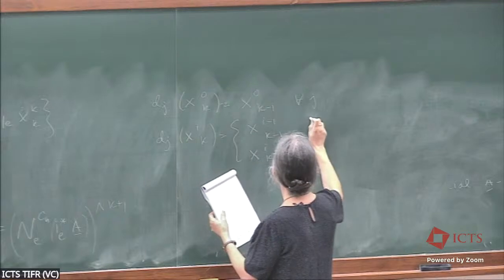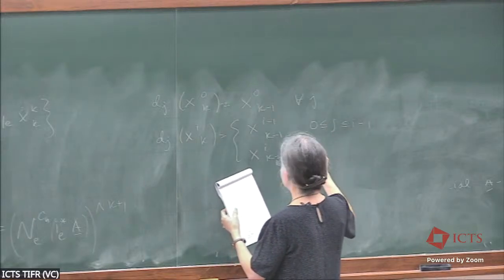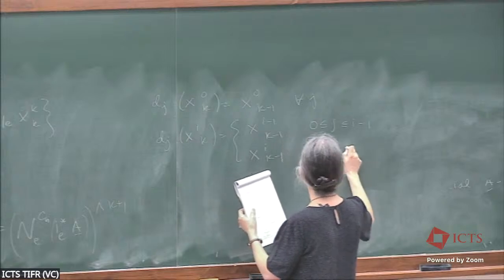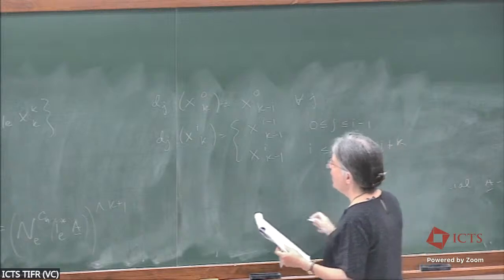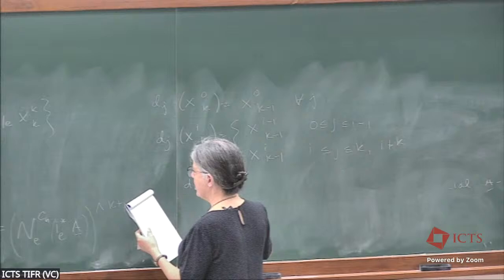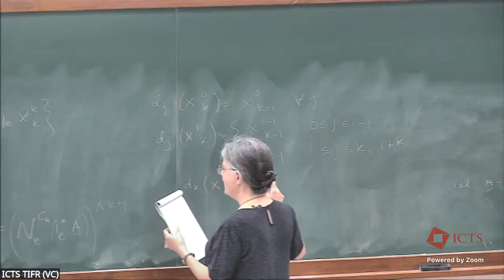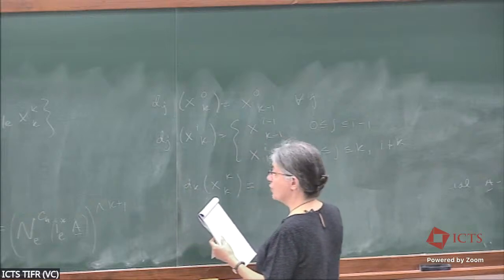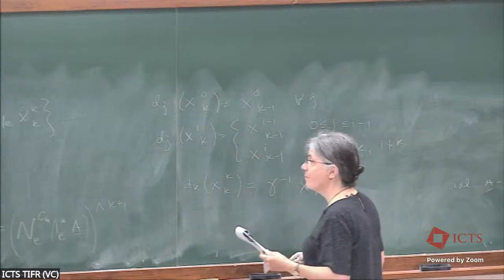It depends. This is if 0 less than or equal to j less than or equal to i minus 1. And this is if i less than or equal to j less than or equal to k, but i is not equal to k. And then we have the special case dk of xkk, and that is gamma inverse of x0 k minus 1.